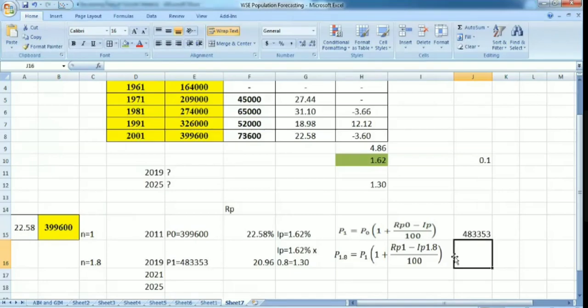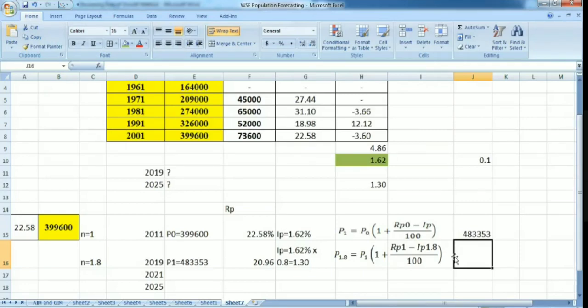They have considered all the problems with n equal to 1, n equal to 2, n equal to 3, n equal to 4, whether for the arithmetic increase method, geometric increase method, incremental increase method, or decrease rate of growth method.